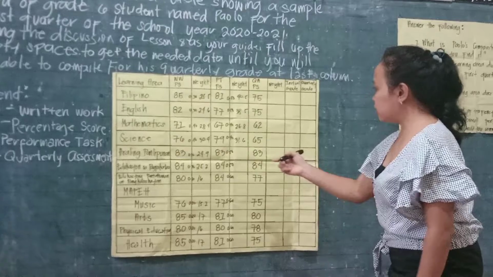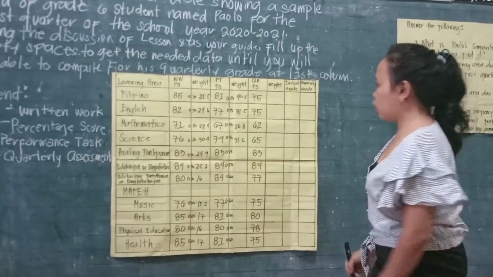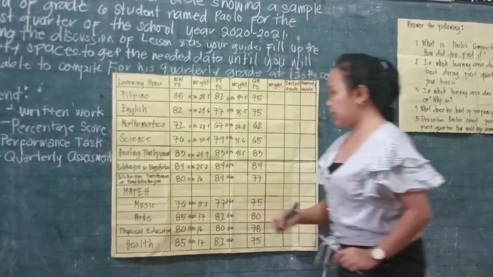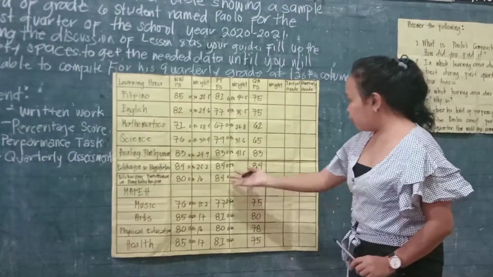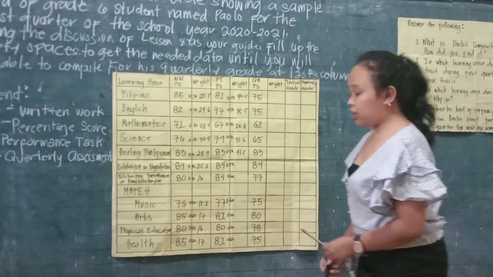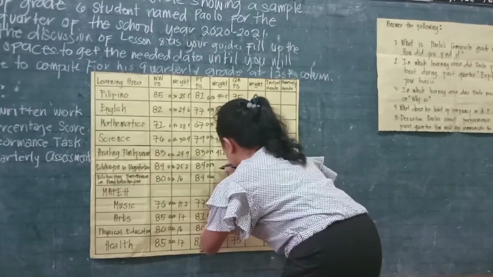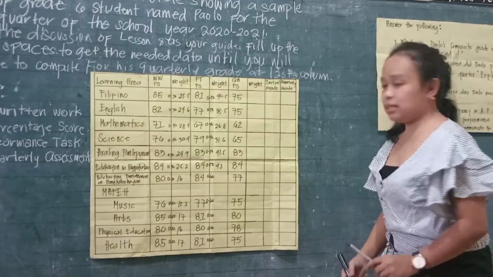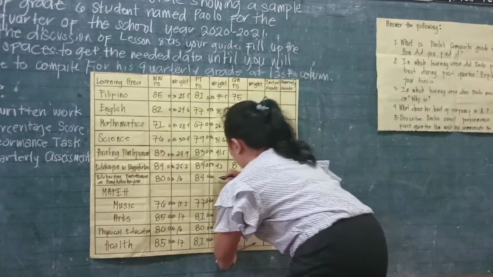Then 83 times 0.50 is equal to 41.5. Next is 84 times 0.50 is equal to 42. 84 times 0.60 is equal to 50.4.